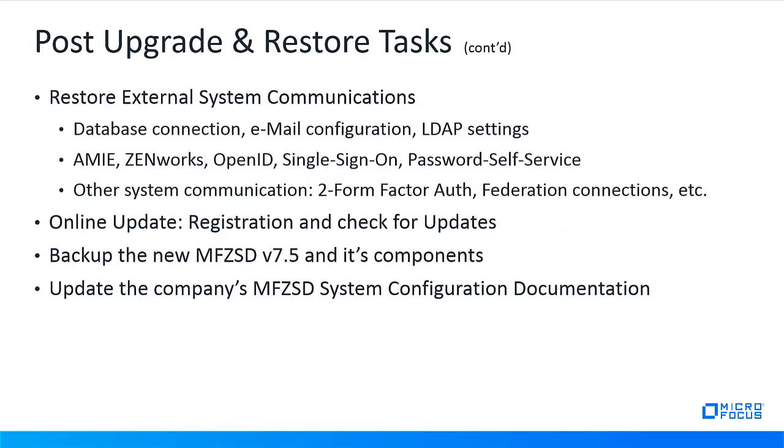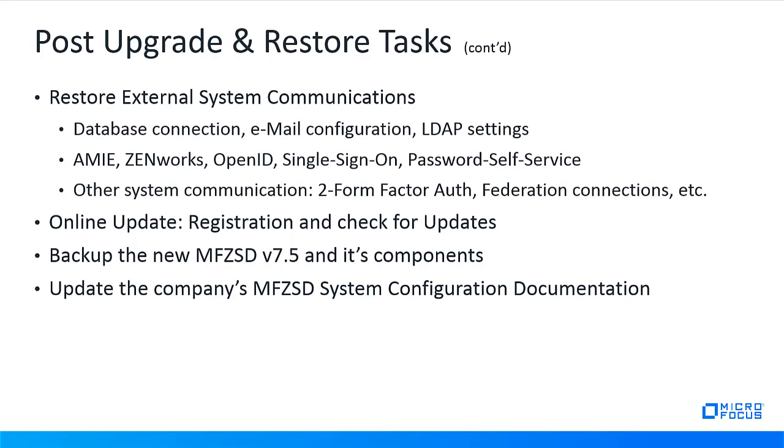More post-upgrade and restore tasks. Check the external system communications like database connection, which is a given, email configuration, and LDAP settings, including verifying the group configurations. Also, if you had or wish to have the AMI or ZENworks integrations enabled, configure those settings.